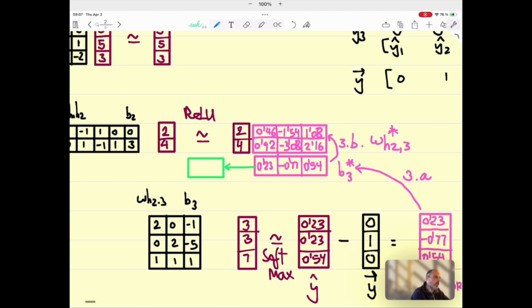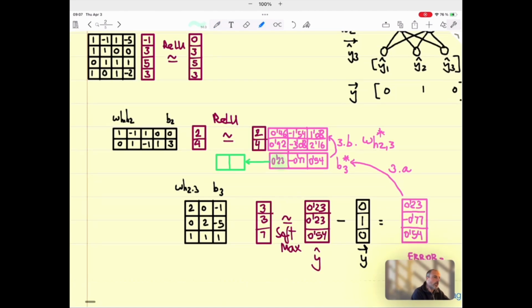So what we do is we take 0.23 times 2, minus 0.77 times 0, 0.54 times 1.